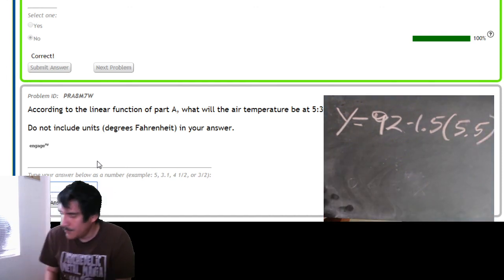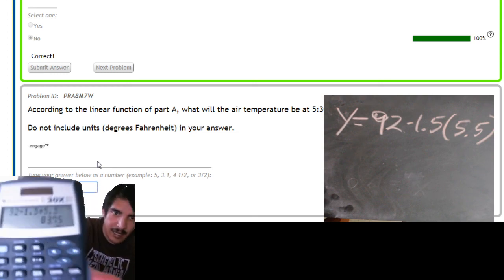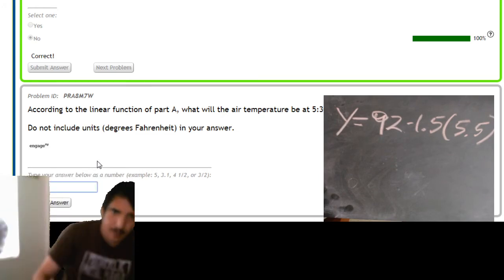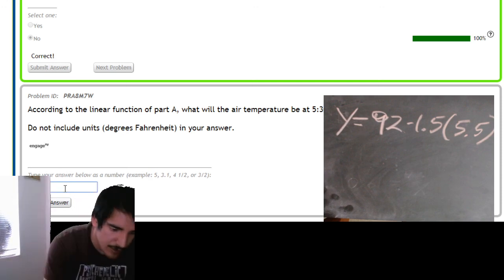If you take this formula and you input 5.5, you should get 92 minus 1.5 times 5.5. I got 83.75. So it should be 83.75 degrees.